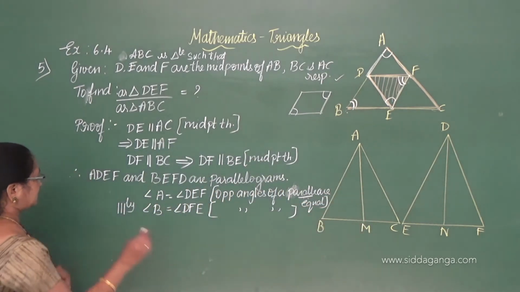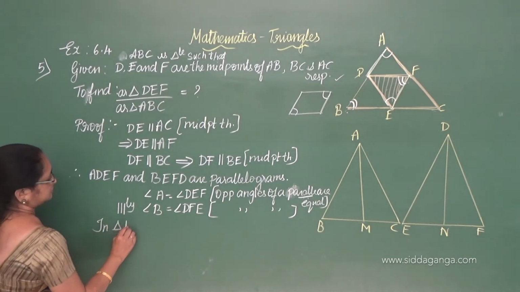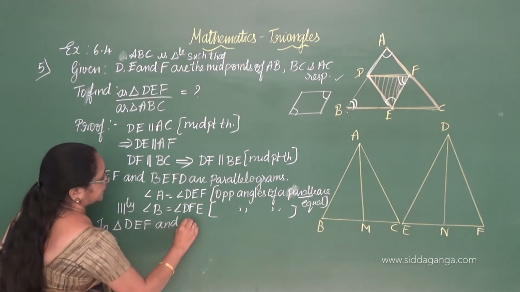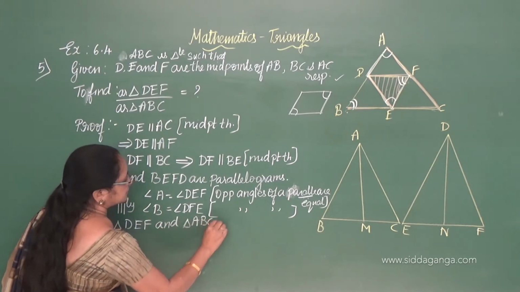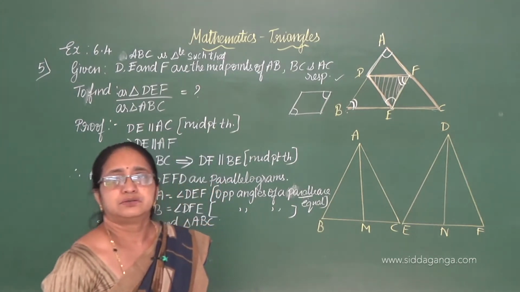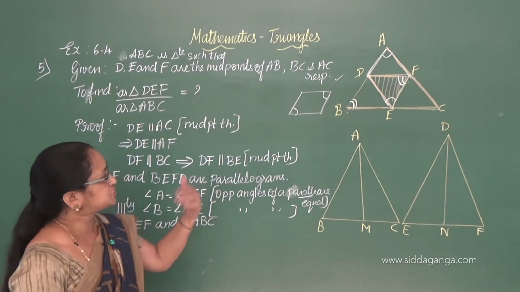Now let us see in triangle DEF and triangle ABC. To prove those two triangles are similar, we will see which angles we can consider.